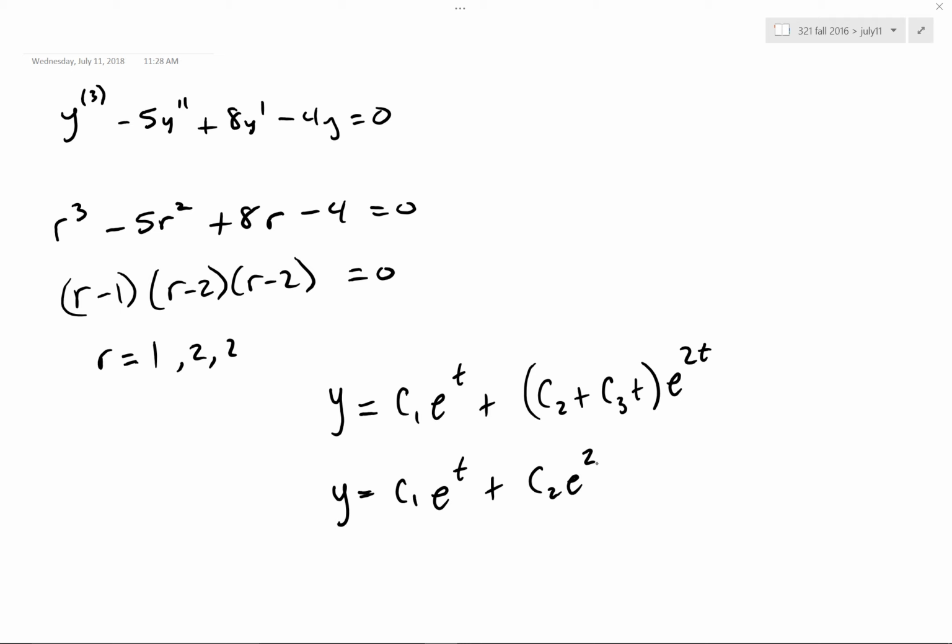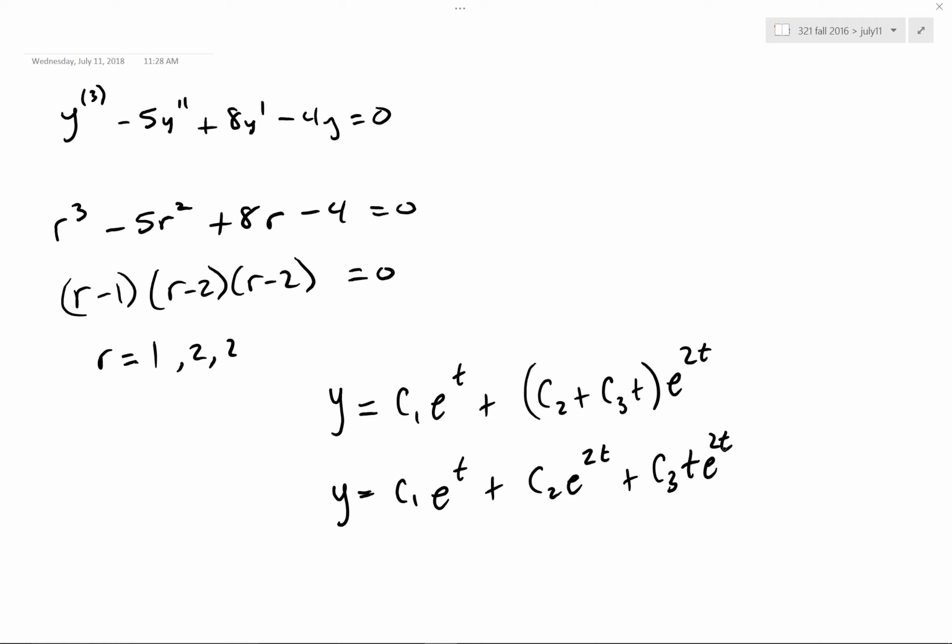It's just c2 e to the 2t plus c3 t e to the 2t. Yay! And our answer, there it is. Again, we need this to establish these as linearly independent solutions.